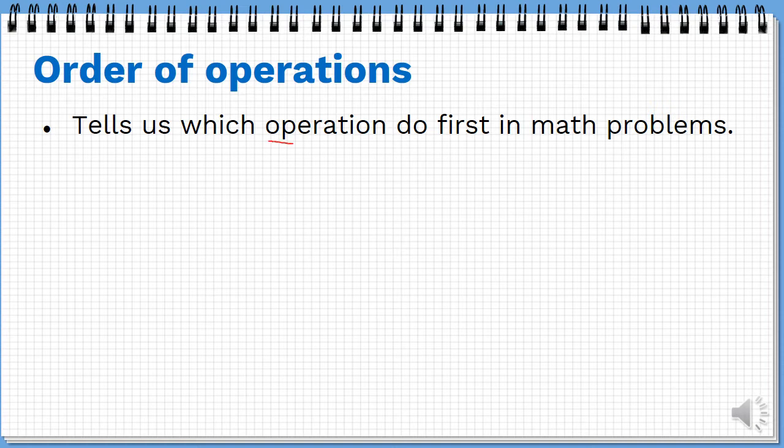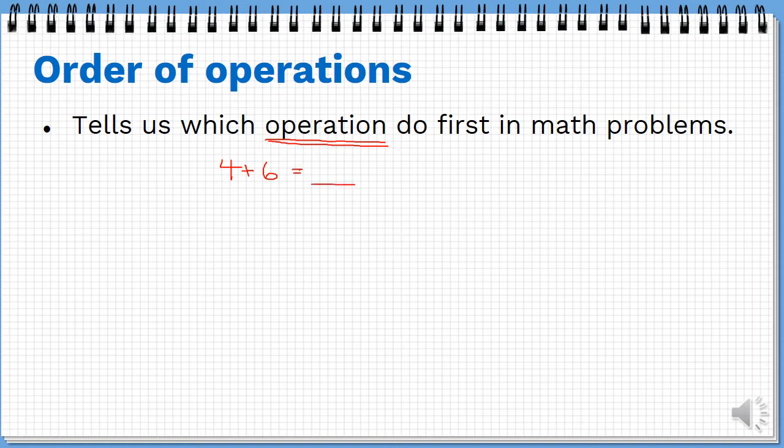When we're talking about operation, here's the word operation. I don't want you to think about an operation like when you go to the hospital to have an operation. When we're talking about operation, what we're talking about is the math action that we're going to do. So in a math problem, 4 plus 6 equals something.